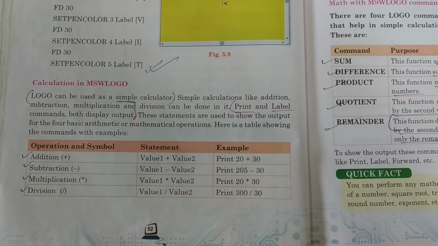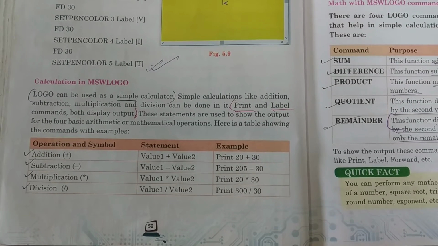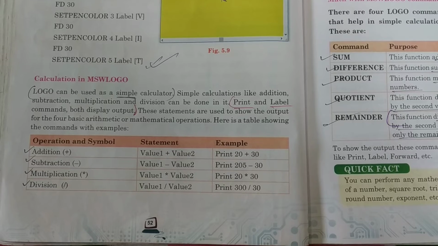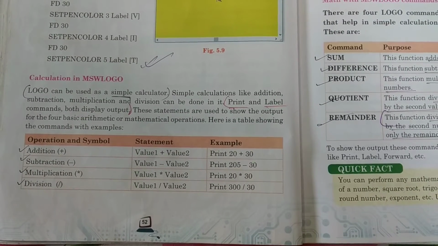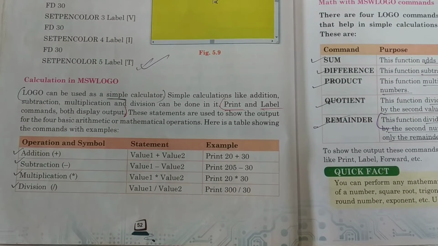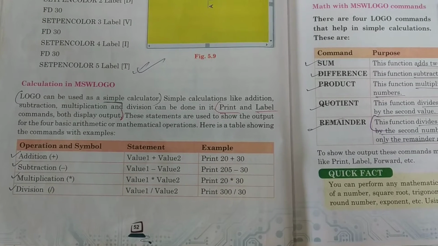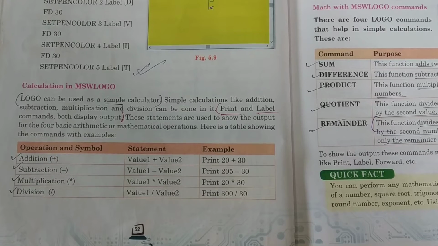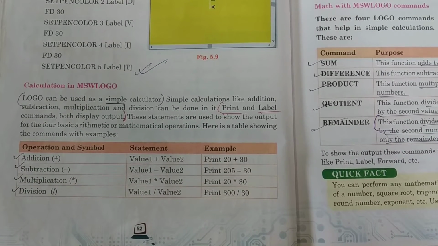What is the symbol? The plus sign. Parenthesis is the bracket inside which the symbol plus, minus, then a star mark, asterisk mark, and a slash for division are placed. As you can see in the chart, these are the symbols for the various operations. Operations means various arithmetic operations or calculations that we can do in MSW Logo.